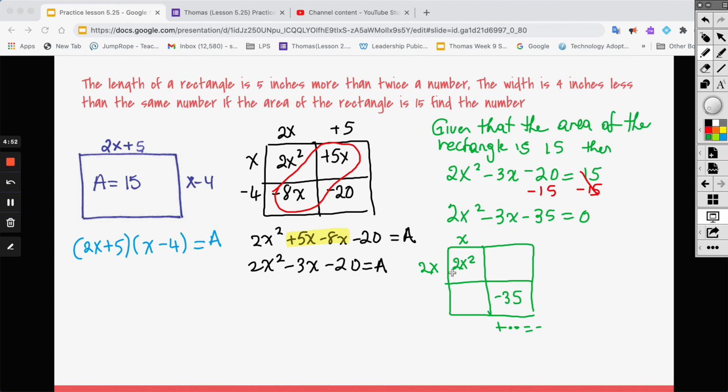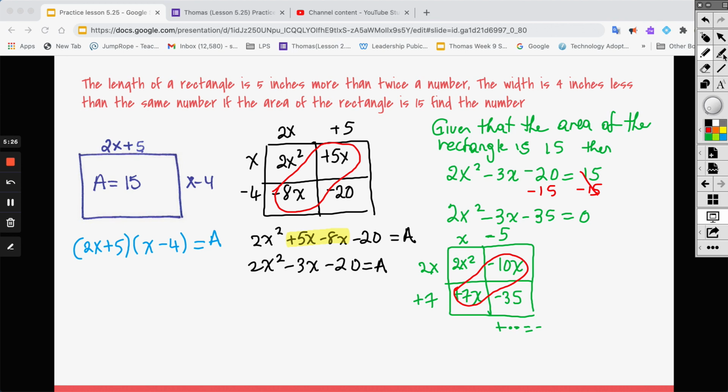And in this case, that's going to be 5 and 7, in order, a negative 5 and a positive 7. So our negative 5 must be multiplied by 2 to give us a negative 10x. And x times 7, that's a positive 7x. When we combine both of these, we can see that we'll end up with a negative 3x.